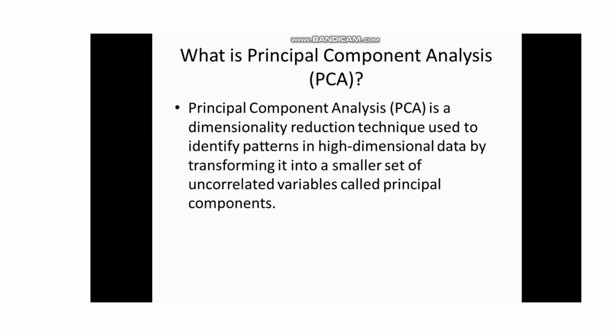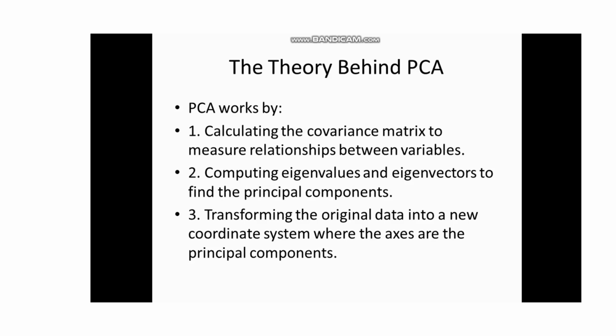What is principal component analysis? Principal component analysis is a dimensionality reduction technique used to identify patterns in high dimensional data by transforming it into a smaller set of uncorrelated variables called principal components. So what is the theory behind principal component analysis?